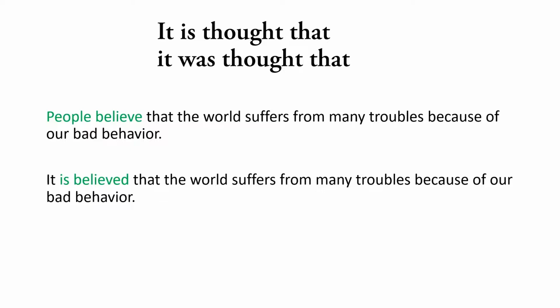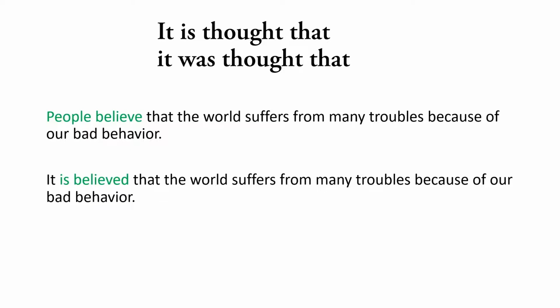Simply, we have believe in the simple present. We change this sentence into it is believed. I know there is no sense in that for you to understand, but this is how we change it. In English, you can say it is believed that, and we write the sentence as it is because there is nothing to change in the sentence.